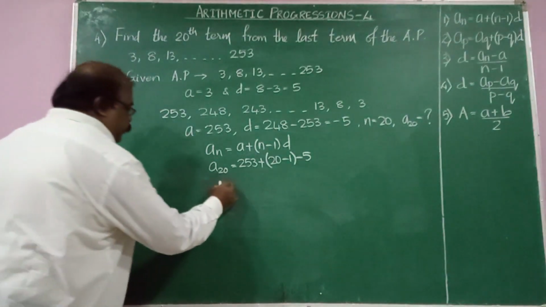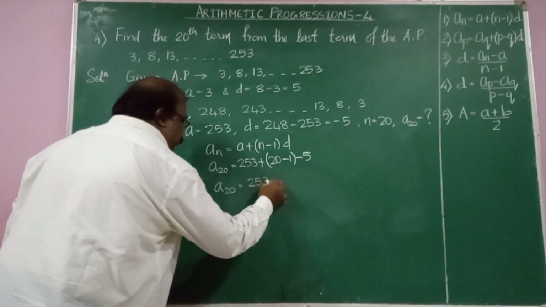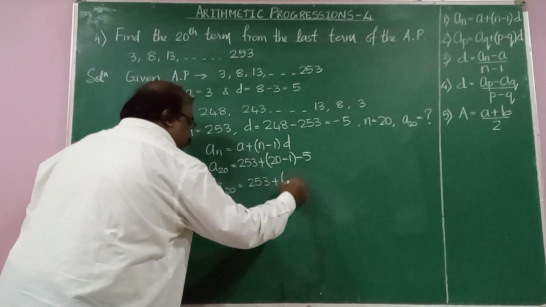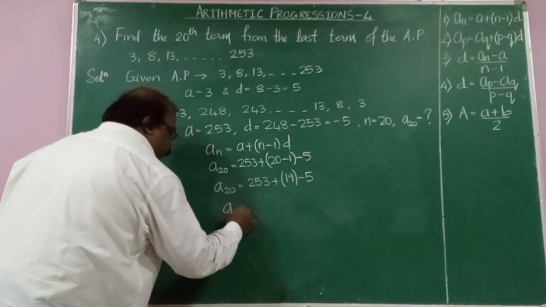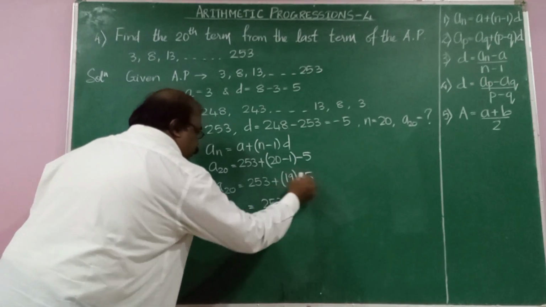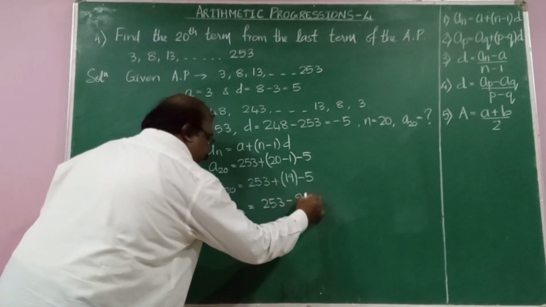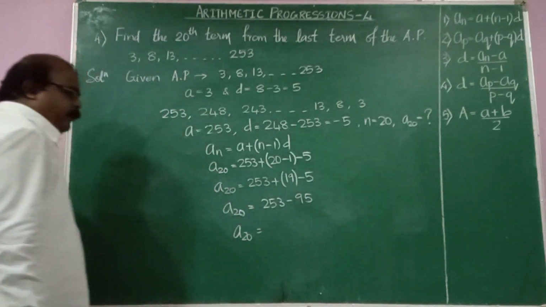A20 is therefore going to be equal to 253 plus (20 minus 1), 19, into minus 5. So A20 is 253 minus 19 times 5, which is 95.